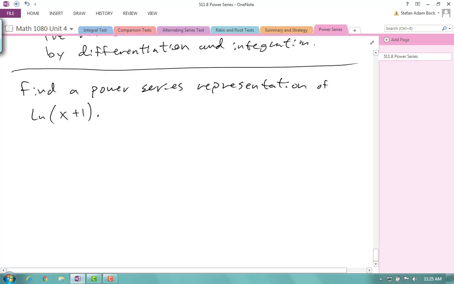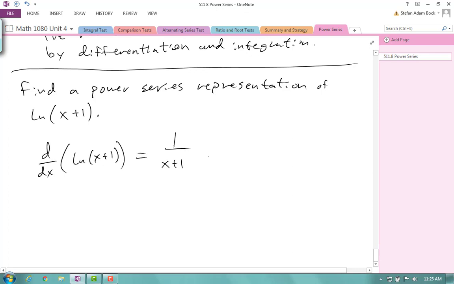Now this is not a fraction, so I can't use the geometric formula to try to build the series. But what I can do is take its derivative. The derivative of the natural log is basically 1 over, this will be 1 over x plus 1 multiplied by 1 from chain rule.